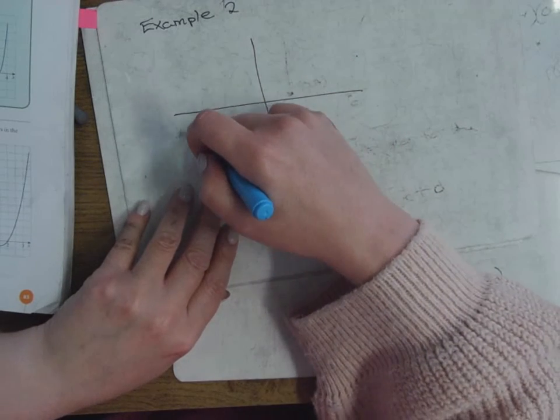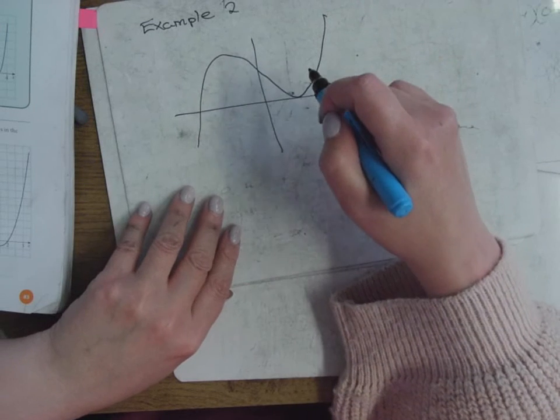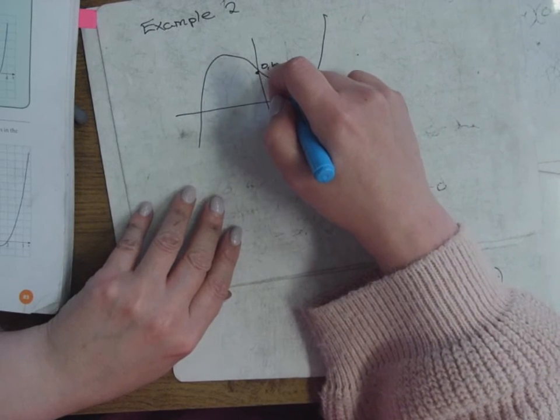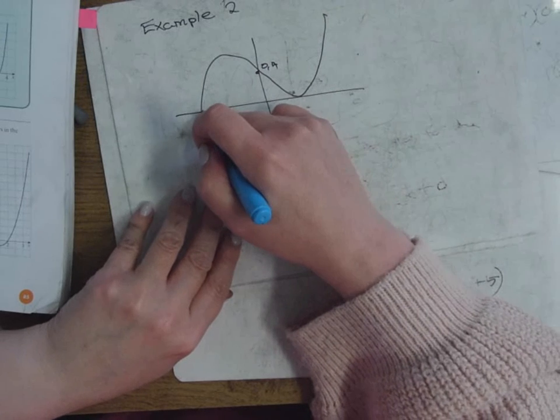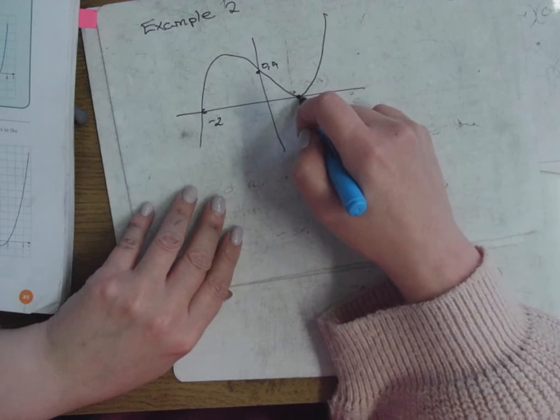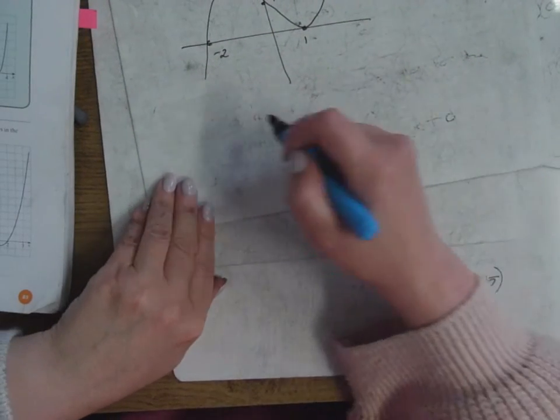So we're going to go up and down. Right, okay, and then they tell me this is 0, 4, and they tell me this is -2, and they tell me this is 1. Right, what are the roots of this equation?